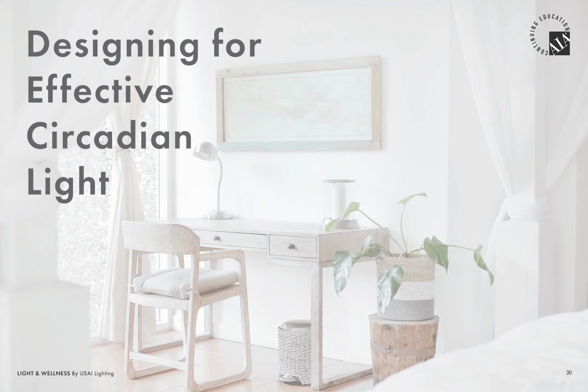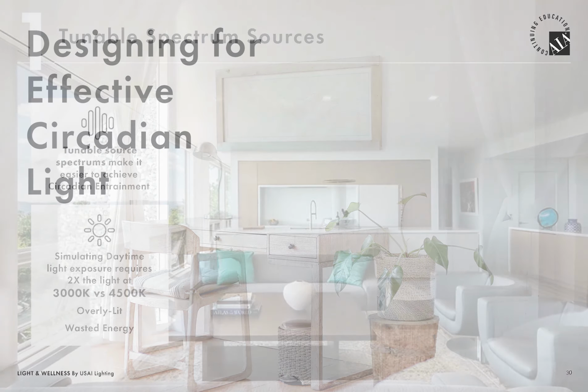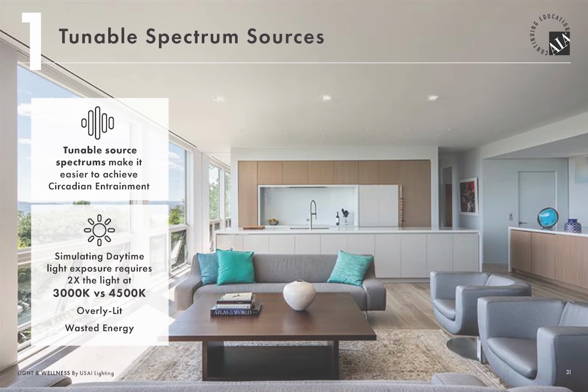That gets us to our last key points here. How do you actually take that into account for your design? You'll hear a lot from manufacturers that you must use a tunable spectrum source to achieve circadian lighting. The truth is, you can actually achieve circadian lighting only using a static color temperature and changing the intensity. But tunable source spectrums do make it easier to achieve circadian entrainment.